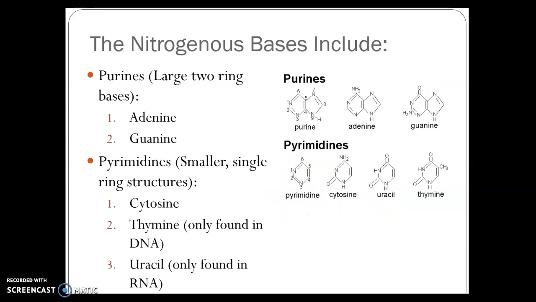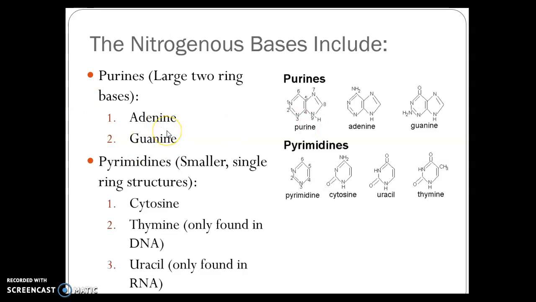So the nitrogenous bases, there's different types of nitrogenous bases, and you may recognize these from previous science classes. You're looking at purines and pyrimidines. Purines are adenine and guanine, and those are found in DNA and RNA, right?